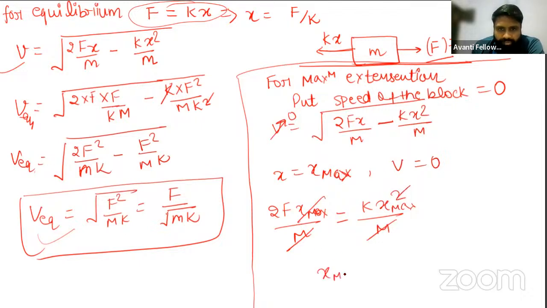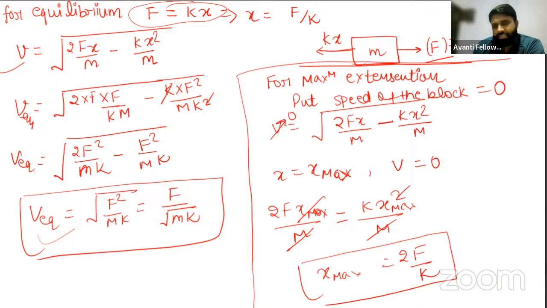So x max you will have as 2 times F by k. Got it? If you compare, at equilibrium the extension is F by k, and at maximum extension it is just doubled. So x max is 2 times x equilibrium.